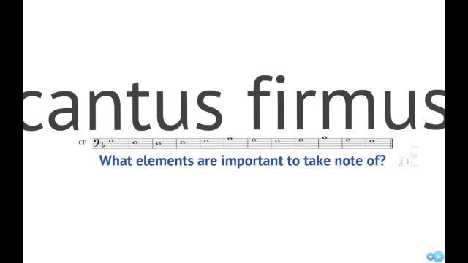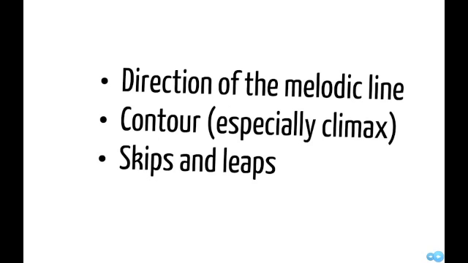So that entails taking a look at the direction of the melodic line, the contour, especially the climax, and skips and leaps. So the different directions, the overall melodic contour, and skips and leaps.